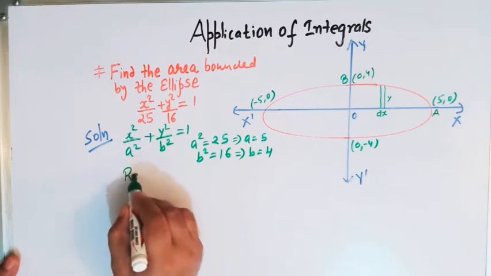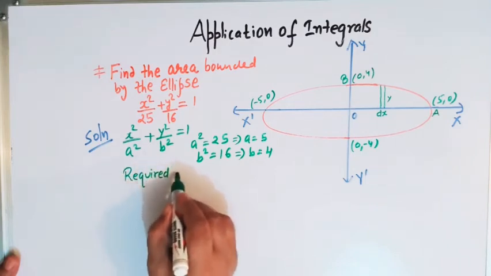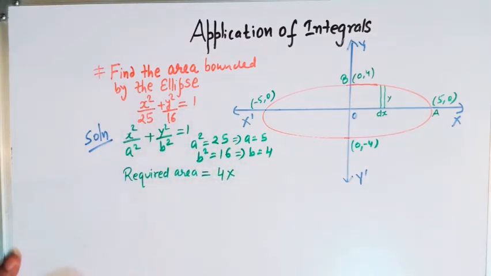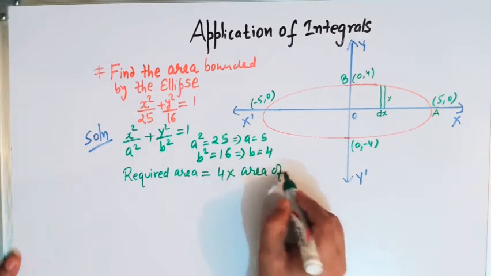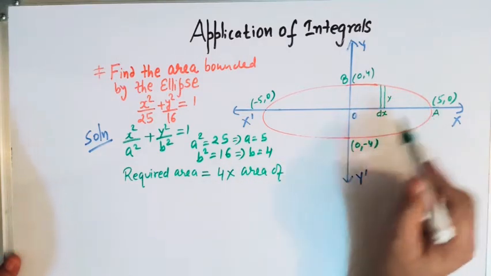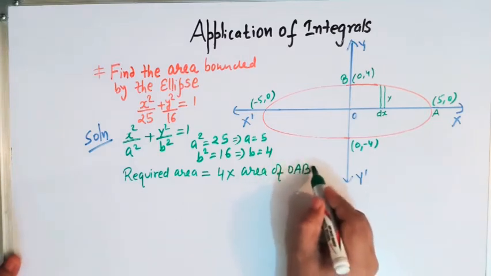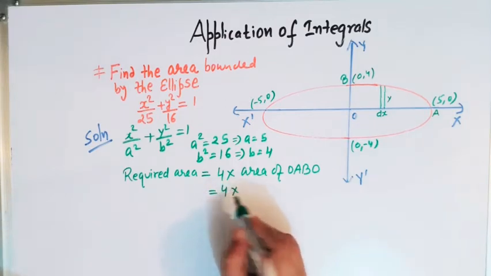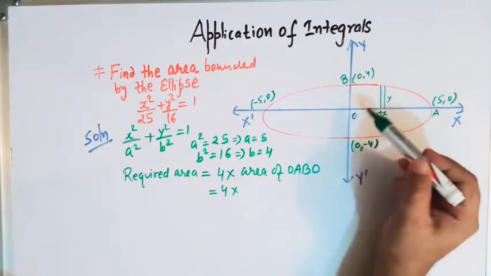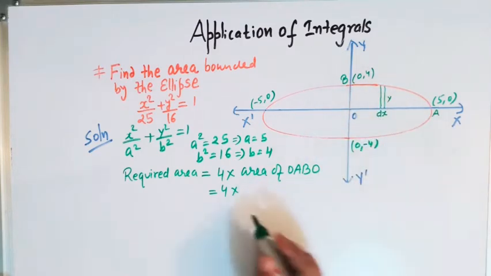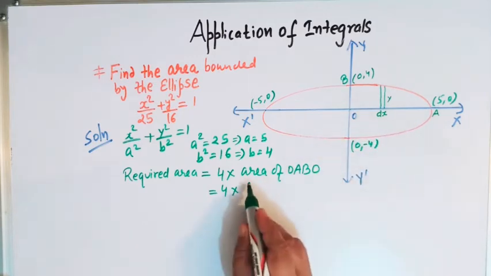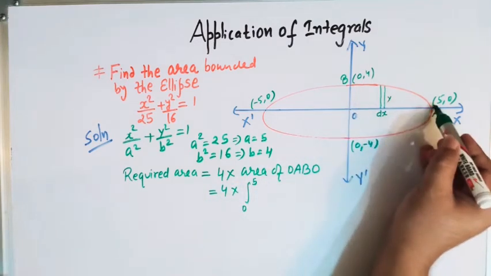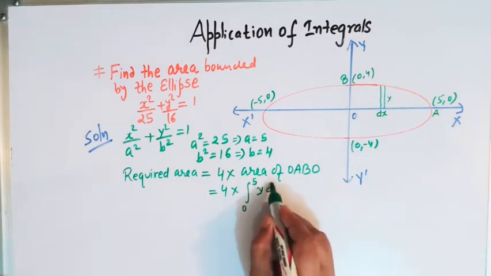So our required area, that is area bounded by this ellipse, is 4 times the area of this region, right? O, A, B, O. Now 4 times area of this quadrant, that is OABO, is given by the definite integral from 0 to 5, and here we have y dx, right?